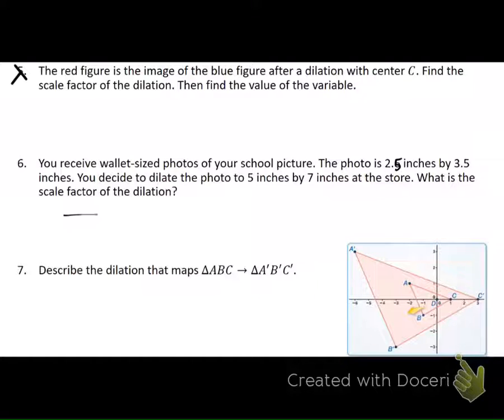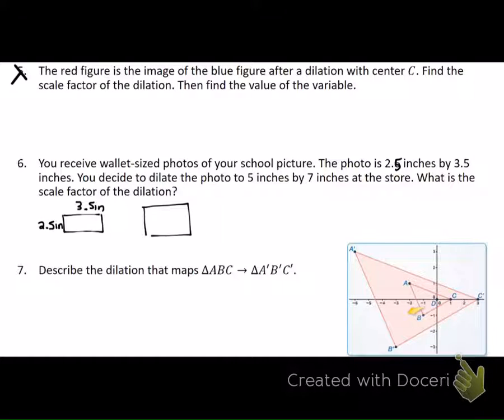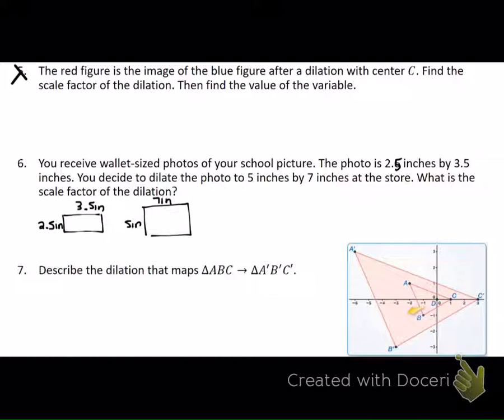So first of all, is this a reduction or an enlargement? Enlargement. Good. Is it 5 by 7? So we have to line up the sides that correspond. Do you see how this is the smaller of the two sides and this is the smaller of the two sides? If it's an enlargement, should the smaller number be in the numerator or denominator?